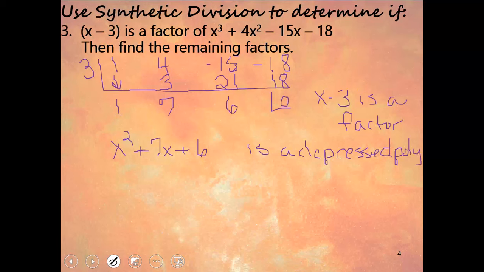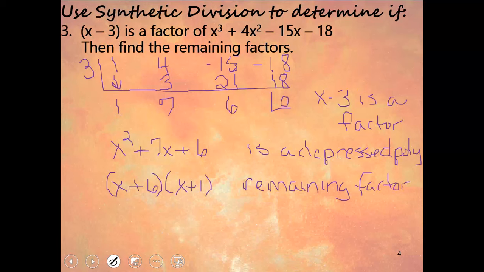Then our other factors are going to come from it. We look at it and we can recognize, well, this is factorable. This is a trinomial, and that's going to factor into x plus 6, x plus 1. So these are the remaining factors. And then all the factors are going to be x minus 3, x plus 6, x plus 1. These are all the factors.